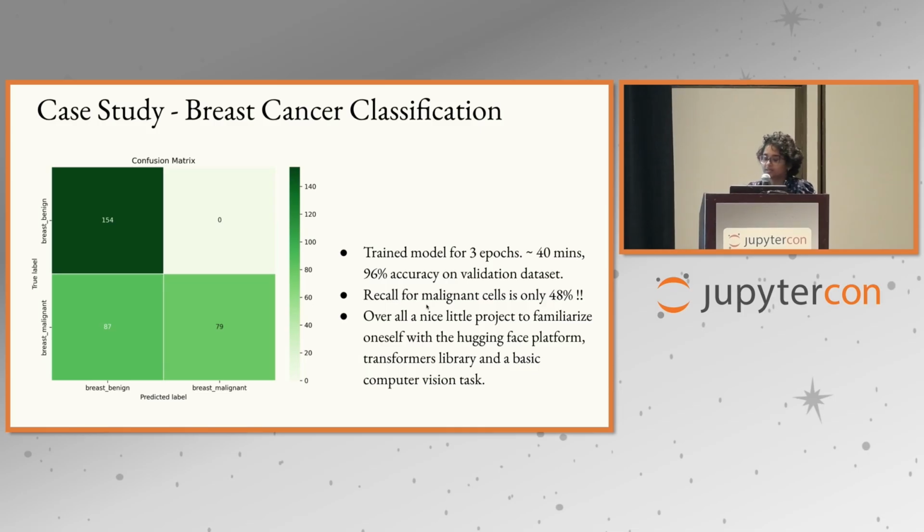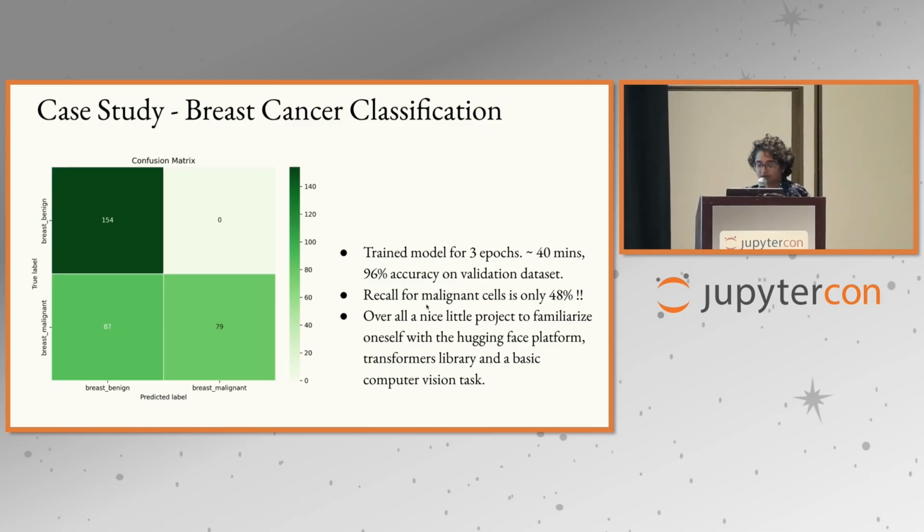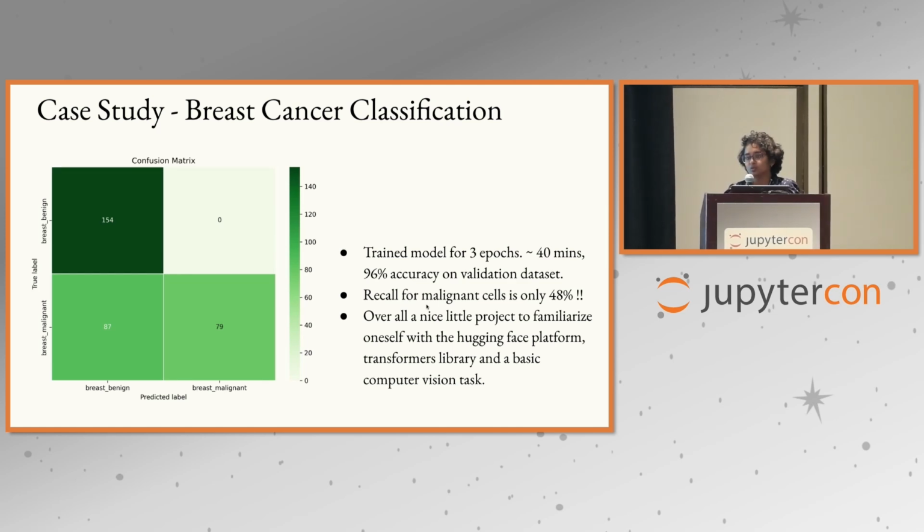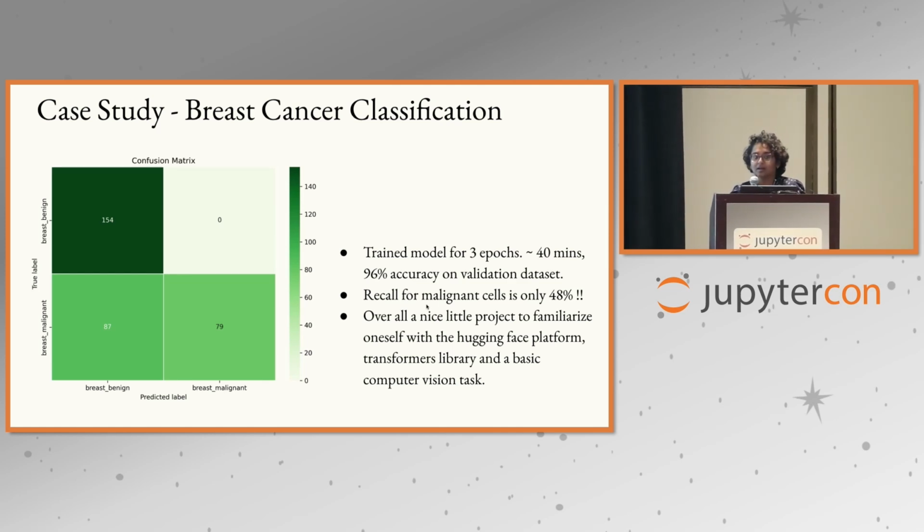But overall, it's a nice little project to familiarize oneself with the Hugging Face platform and to work with the Transformers library, and if you have never worked with image data, to get started with computer vision as well. So the point is, if you were to do this 10 years ago, you would be sitting and writing the model. But right now, things are different, and yeah, I will repeat myself, barrier to entry is low.